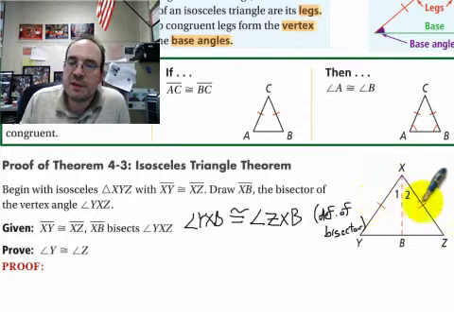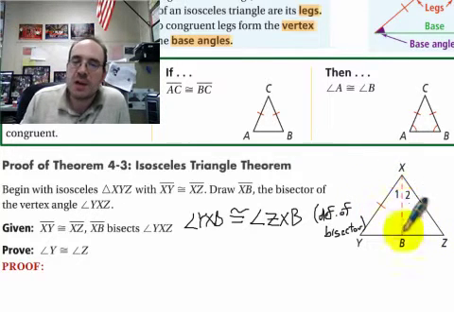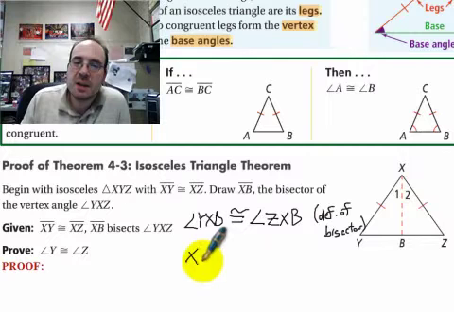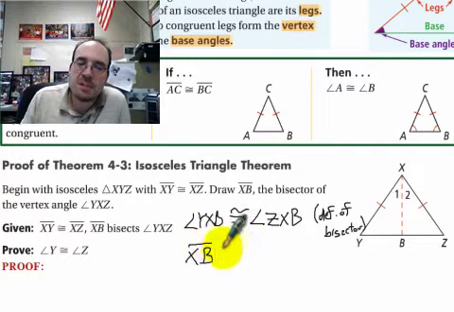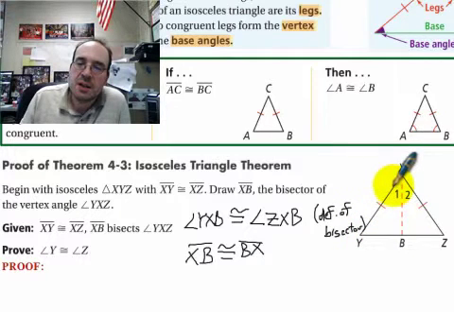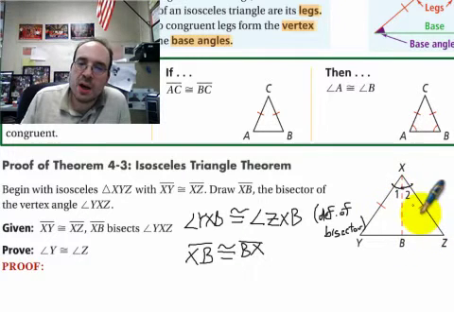We were given that the sides are equal, and I also know that XB is shared by both smaller triangles. So XB congruent to BX is sometimes how we say that. So I know a side, the angle, and another side is congruent for both triangles.